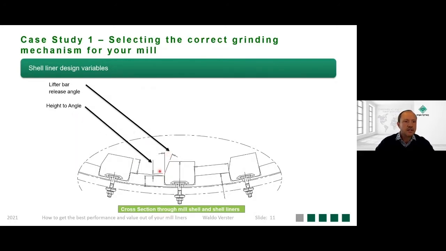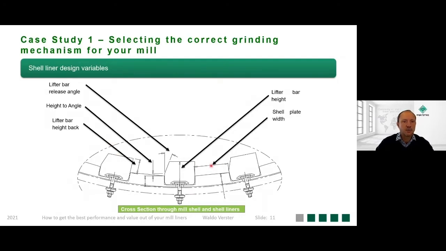The height to angle of the lifter bar, that is the distance between the top of shell plate, the start of the release angle. The height to angle influences your wear profile in this area of the lifter bar, and it also influences the trajectory of smaller material inside the mill. Your lifter bar height, and shell plate width, all those variables influence your shell plate width to lifter bar height ratio.